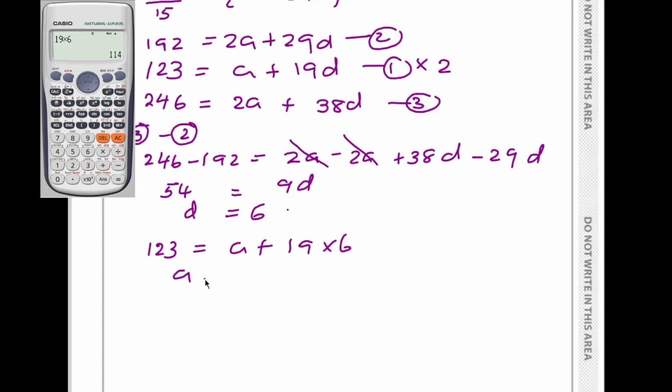Then 123 minus 114, a equals 9. So we are getting the answers: a equals 9, d equals 6.